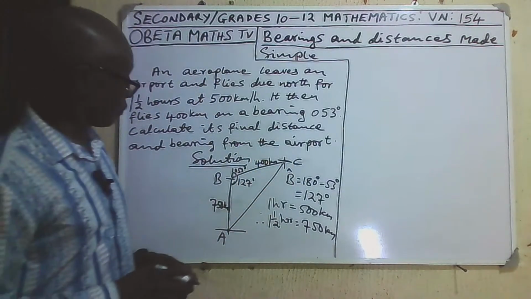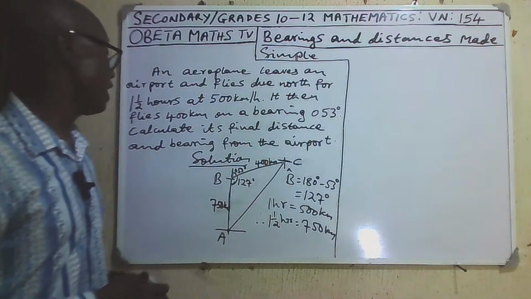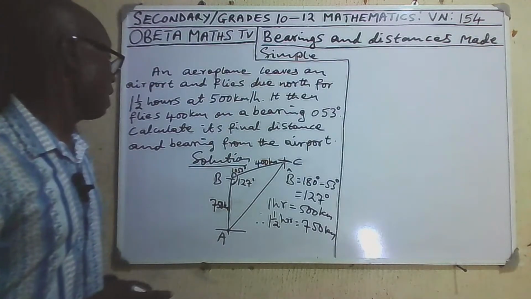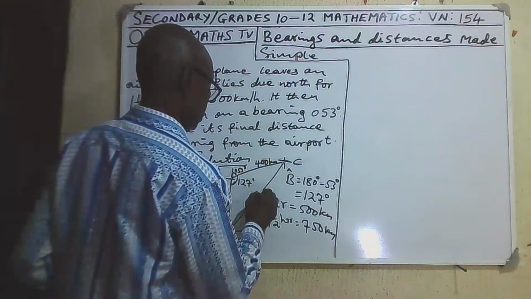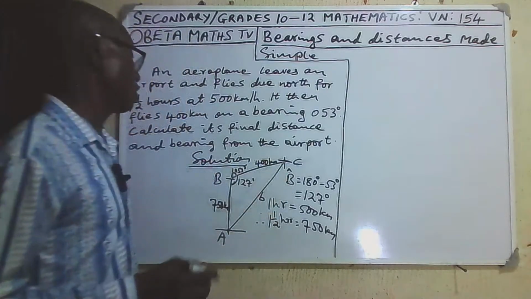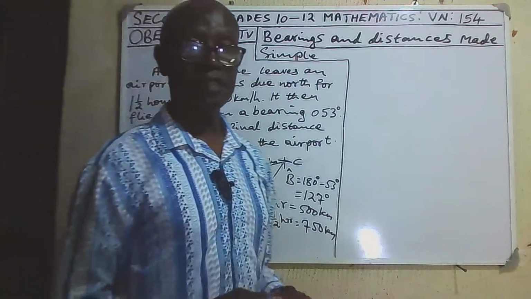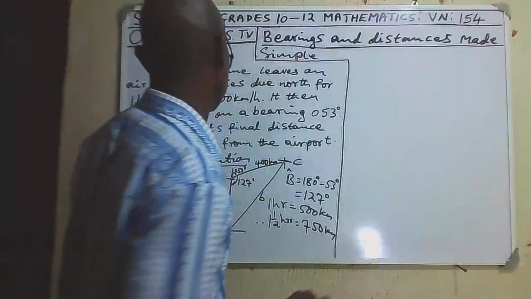Now for us to calculate AC, which is the final distance, that means we have to use a cosine rule. Cosine rule because we know two sides and one angle.